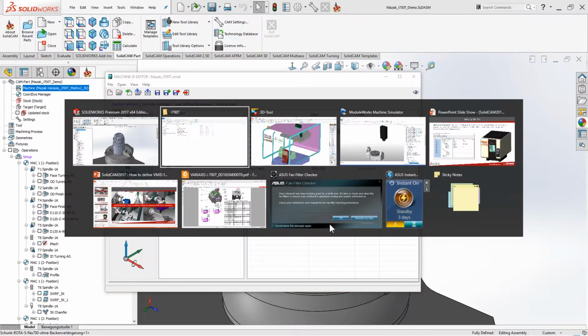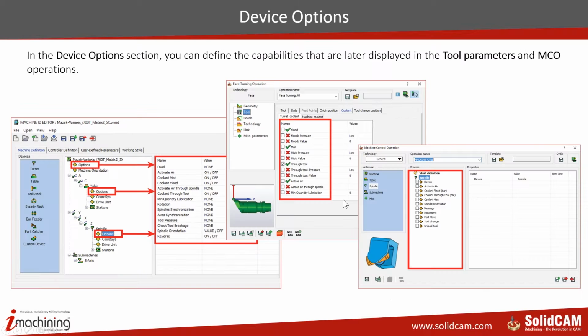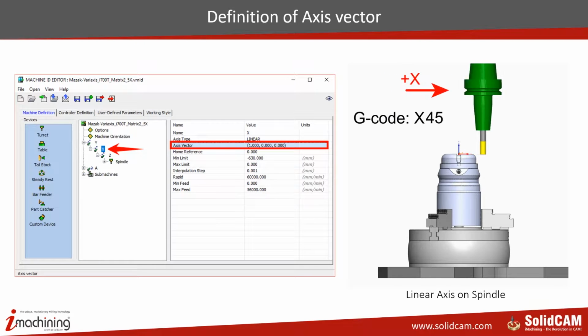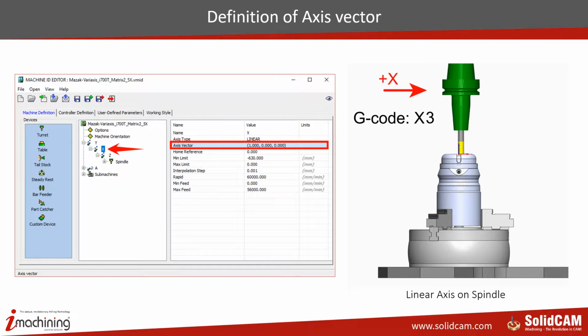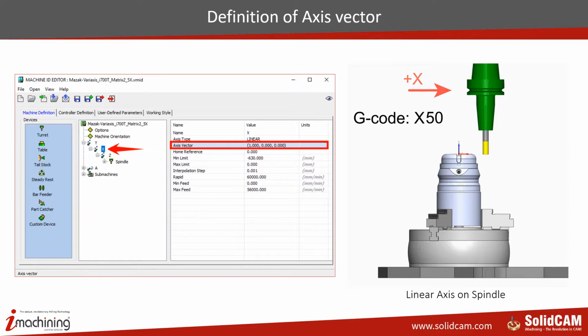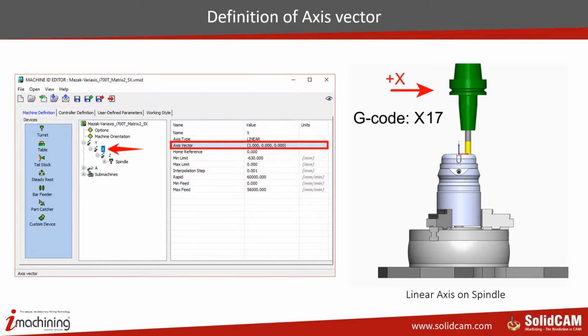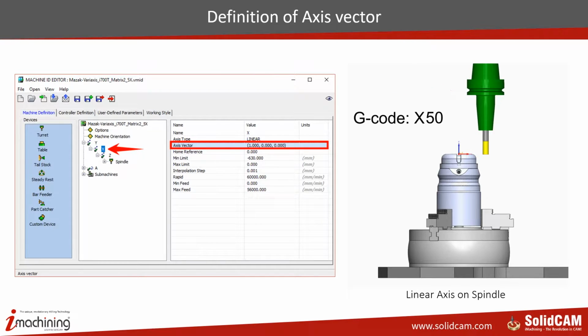So let me just go back to my presentation just for a moment. Alright, so the definition of the vector. There's one simple rule. If the linear axis is located on a spindle, then the axis vector will always be positive.